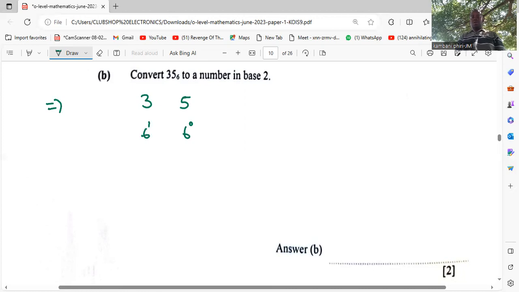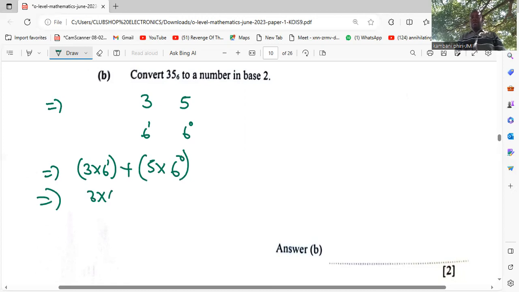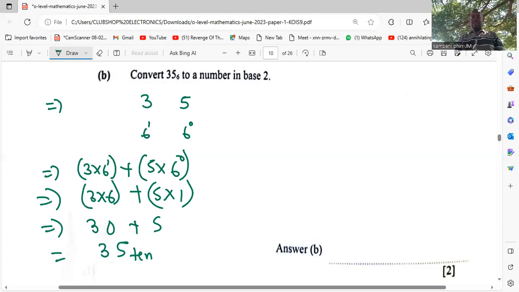So we have 3 times 6 to the power 1 plus 5 times 6 to the power 0. This will be 3 times 6 plus 5 times 1. So this is 30 plus 5. We get 35. Now this is in base 10. Now we convert that base 10 to base 2.